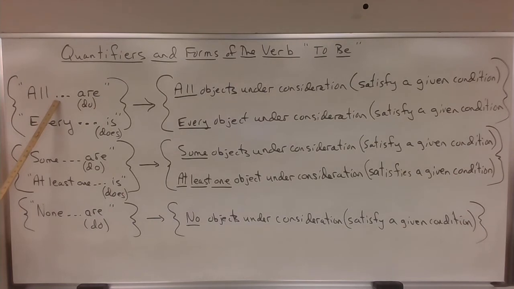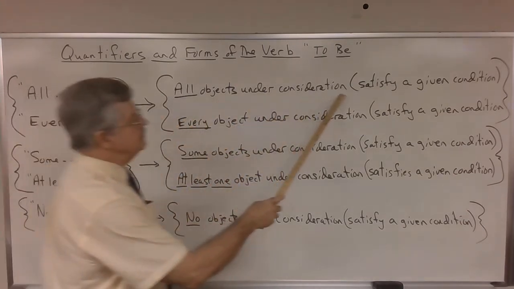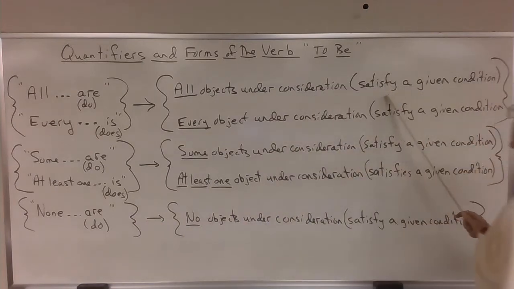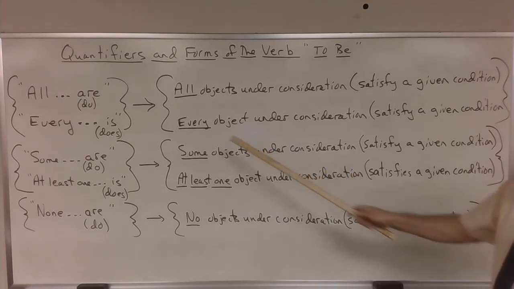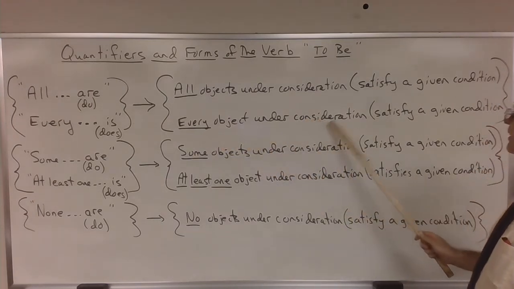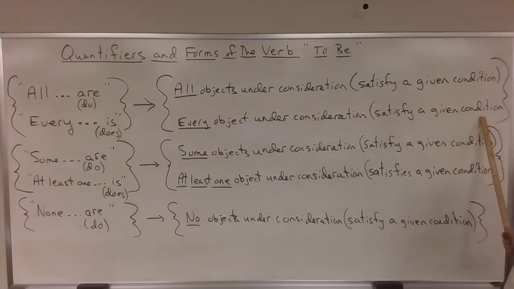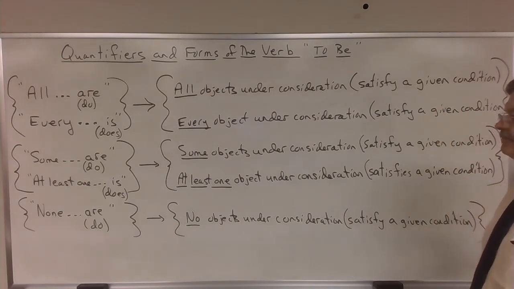So the meaning here is that all objects under consideration satisfy a given condition. In our example, all astronauts satisfy the condition that they are pilots. Or every astronaut satisfies the condition that he or she is a pilot.